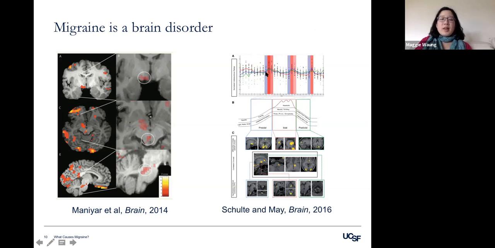So the scientists were able to look at what her brain looks like on the day of her migraine, the day before, and the day after. What they found was that early on, before the patient even had the migraine, she was already having activations in some of the same regions seen in the previous study, including the hypothalamus and the brainstem.